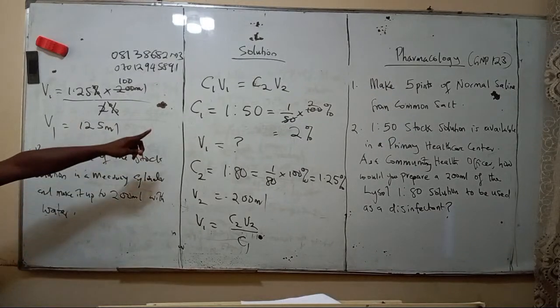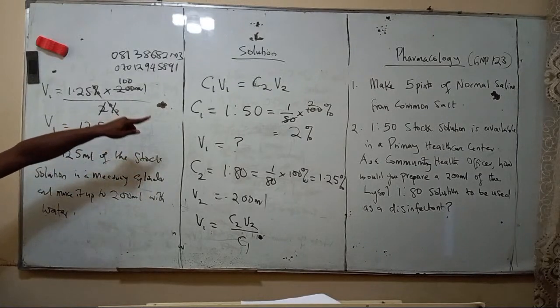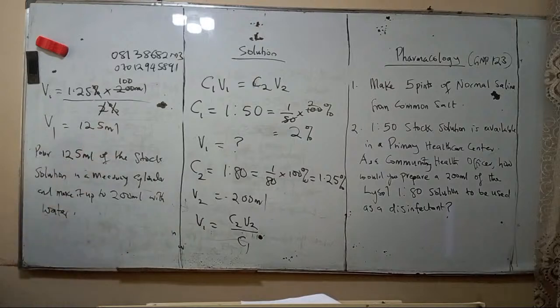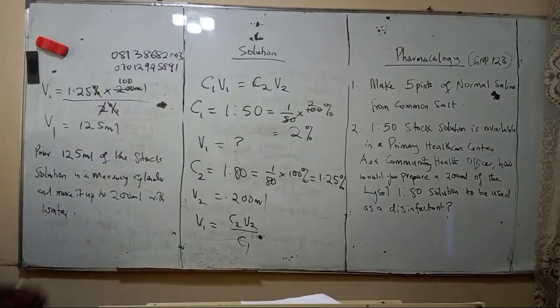Simply do 1/50 times 100%, and that gives us 2%. V1 is the volume of that stock solution you will take and add water to dilute. But you don't know that volume, so we put a question mark there.